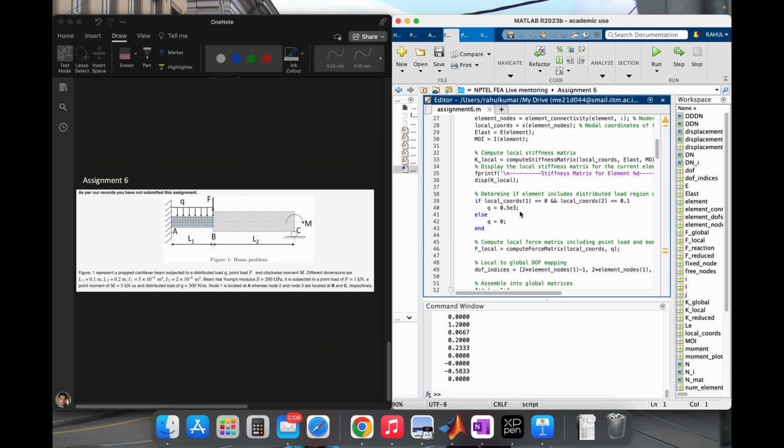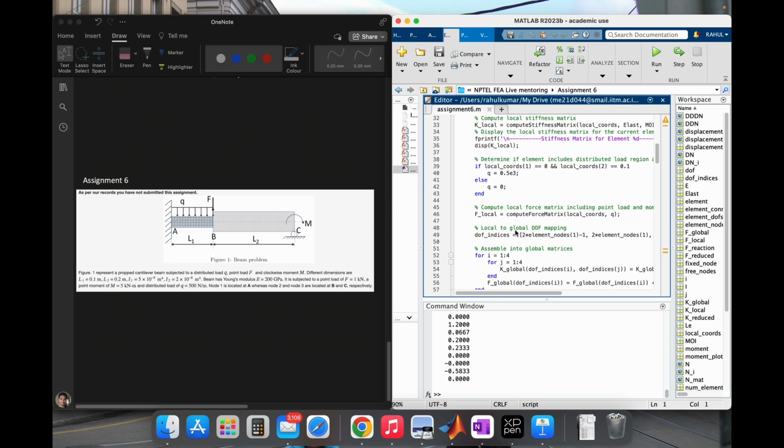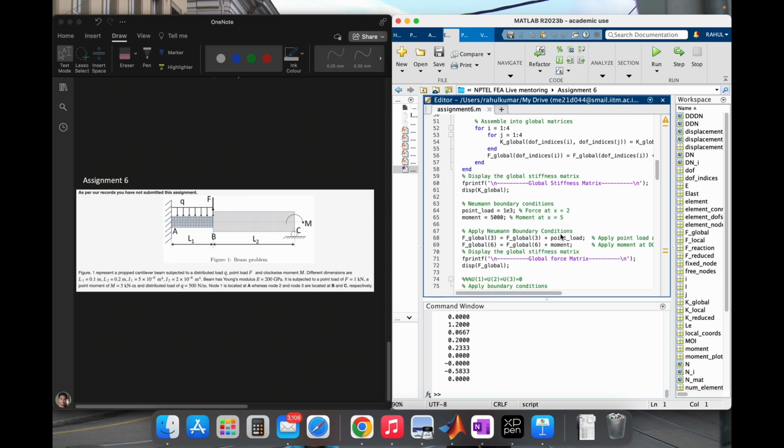What is the distributed load here? The distributed load is 500 Newton per meter, so that's why I have written 0.5e3, and at the other element there is no such UDL.